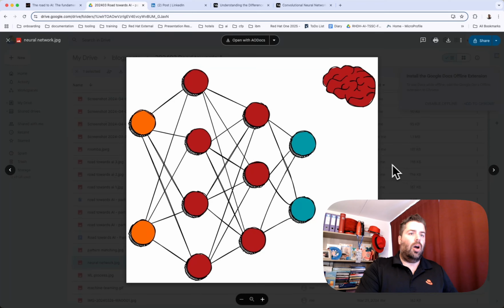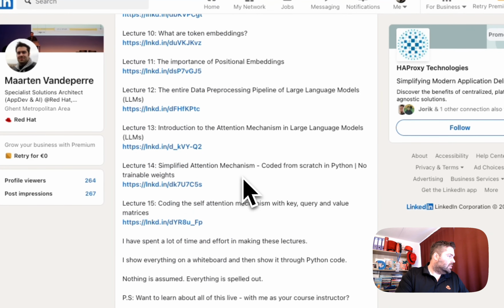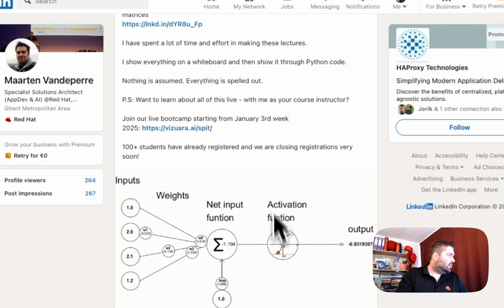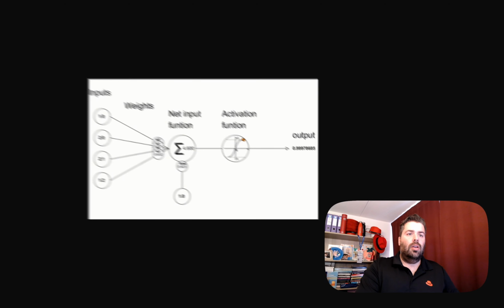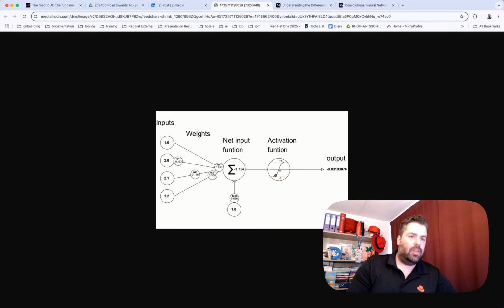Now, I was talking about weights, connections of these neurons, training processes. How does this look on neuron level? For this, I found an interesting visualization on this blog post. So this shows now a visualization of a single artificial neuron, which is the basic building block of neural networks. So what's shown in the diagram?